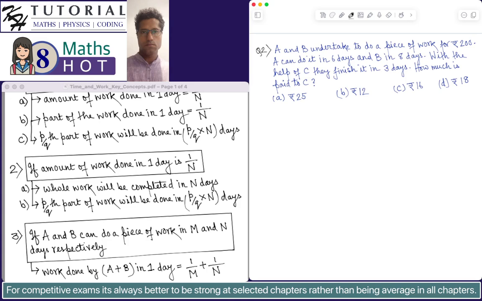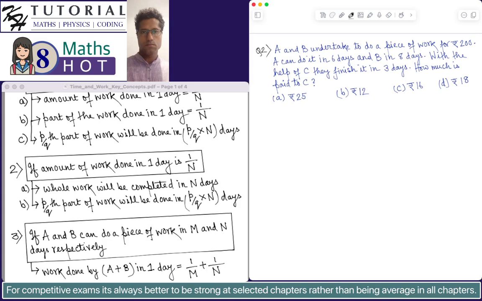Now we need to understand one concept: whenever some people are working together to complete a piece of work and they are being paid, the amount that each receives is proportional to the total amount of work done by that person.